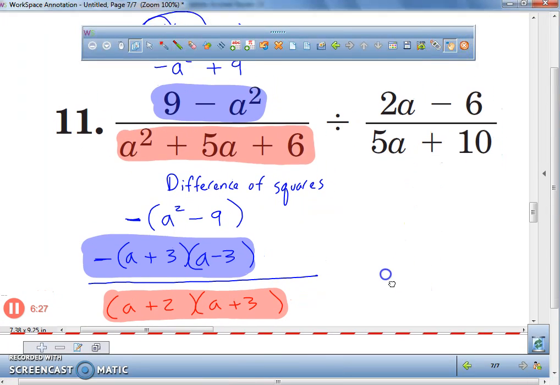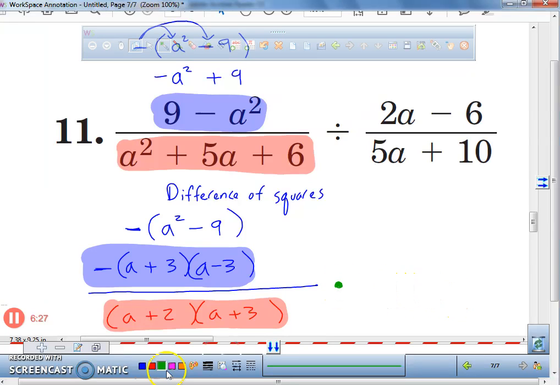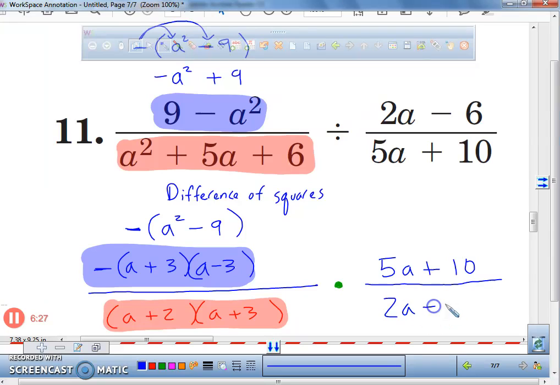Okay. Now, the next two right here, I want you guys to do a very important thing. We're going to change this division symbol to a multiplication symbol, and we're going to rewrite this rational expression as its reciprocal. So we're going to put the 5a plus 10 up in the numerator, and we're going to put 2a minus 6 down in the denominator.